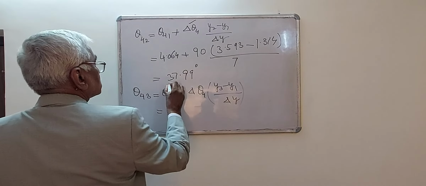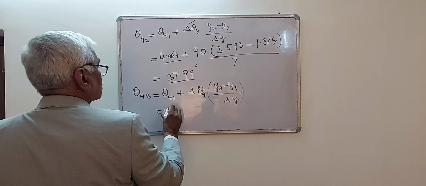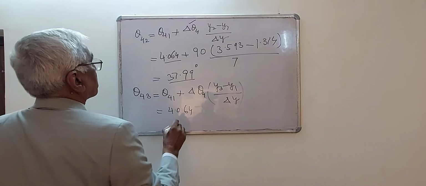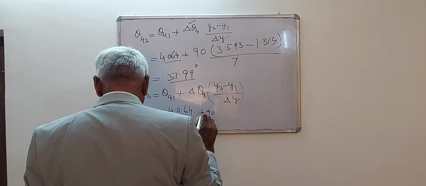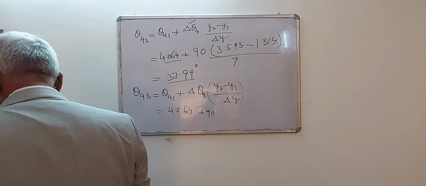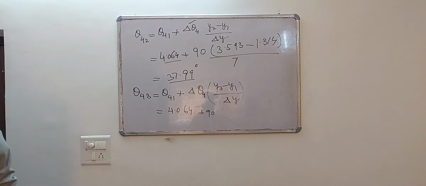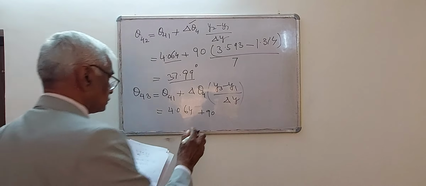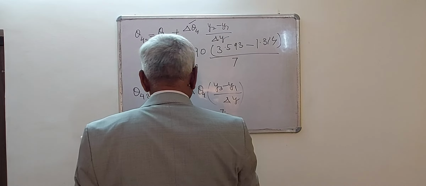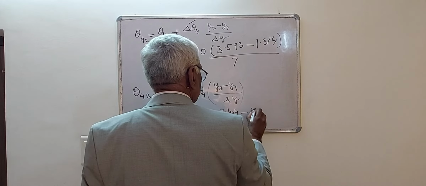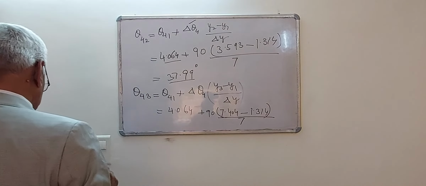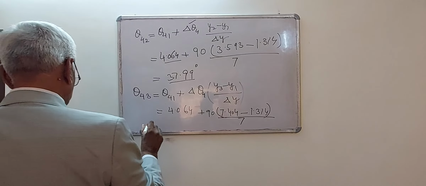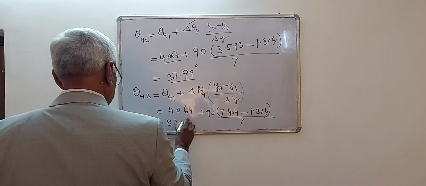So this is 4.064 plus 90 (y3 minus y1), where y3 is 7.404, minus 1.314, divided by 7. It comes out to be 82.36 degree.